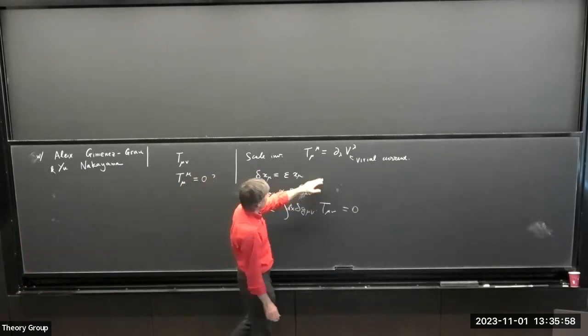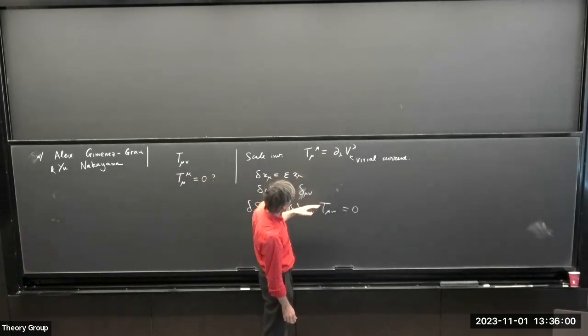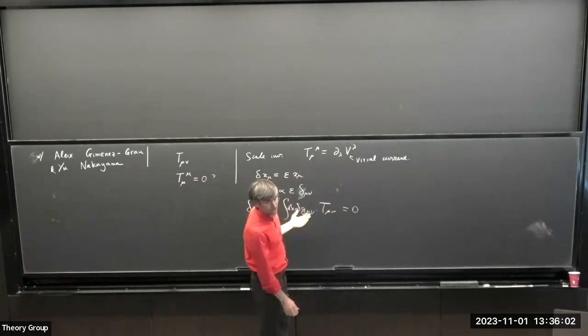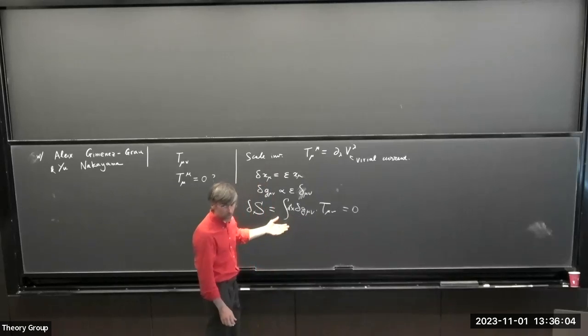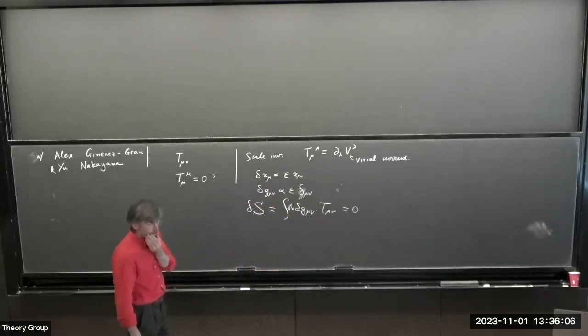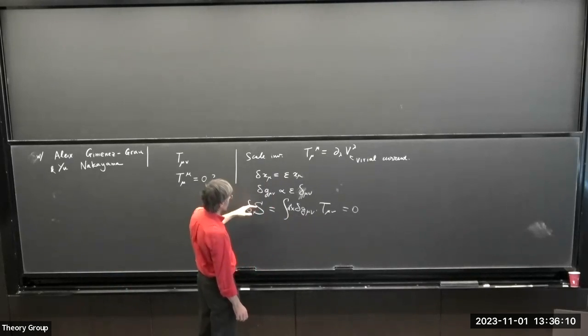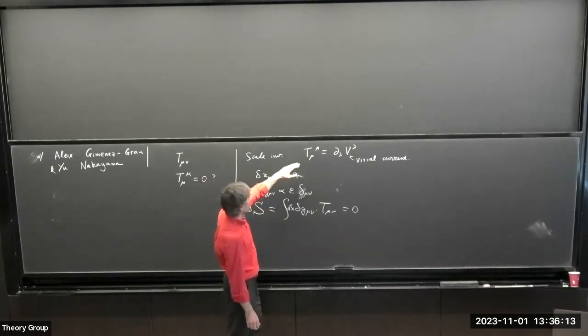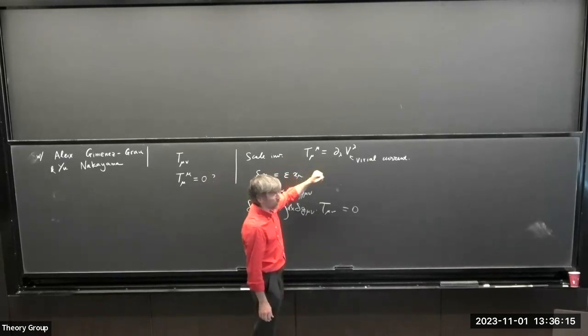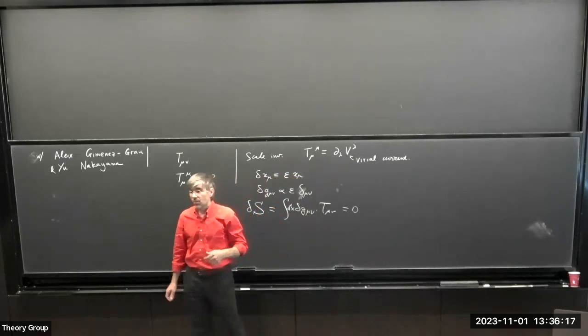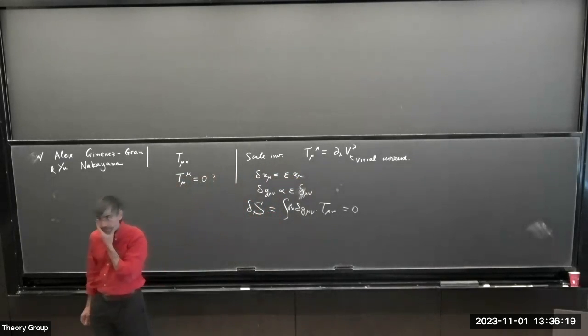If, on the other hand, T mu mu is a total divergence, then this integral is also 0, as an integral of a total divergence. This simple argument, okay, it's not 100% rigorous, explains why having the trace of the stress tensor be a total divergence is a sufficient condition for scale invariance.